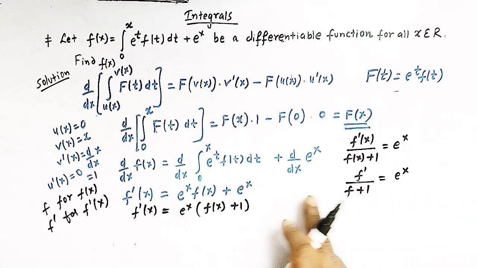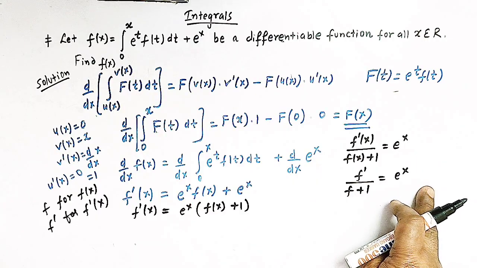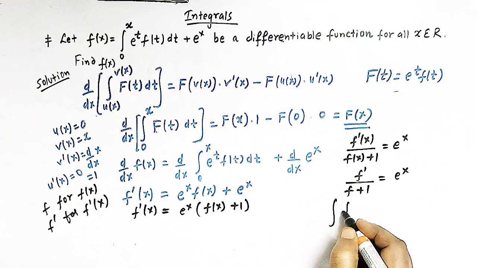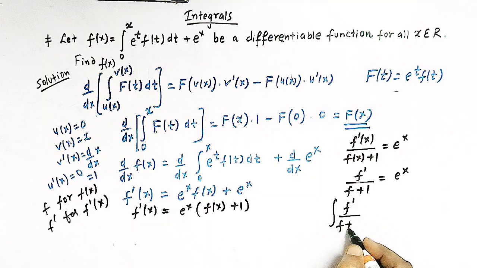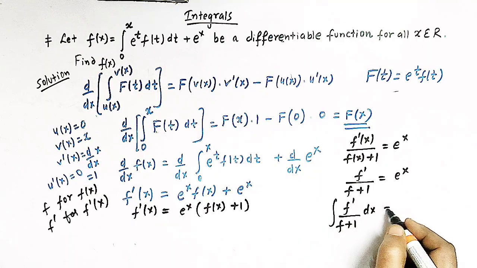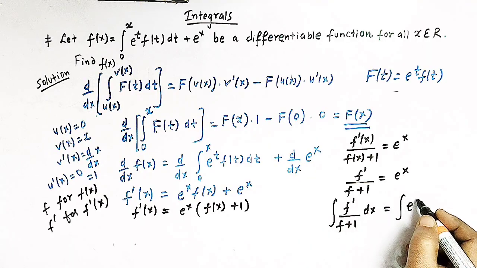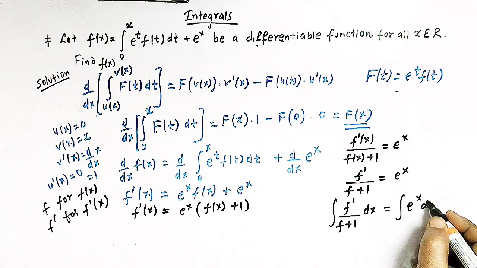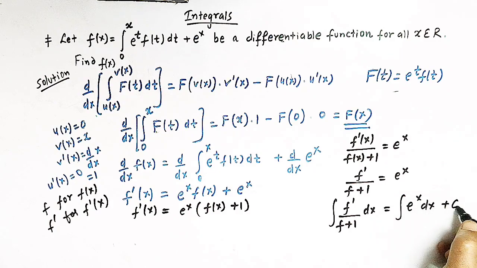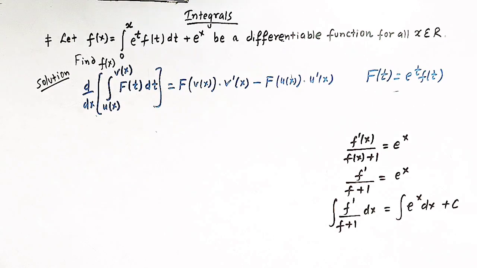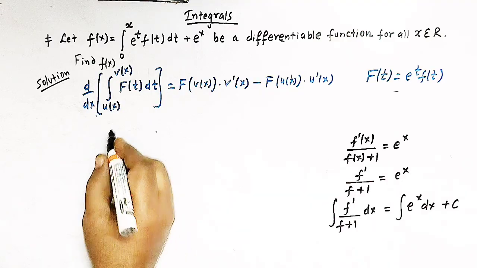So let us integrate both sides with respect to x. So we can now write here the integral of f prime over f plus 1 dx, and here we have the integral of e raised to x dx, plus c, the constant of integration. So now here we have f prime dx, right?